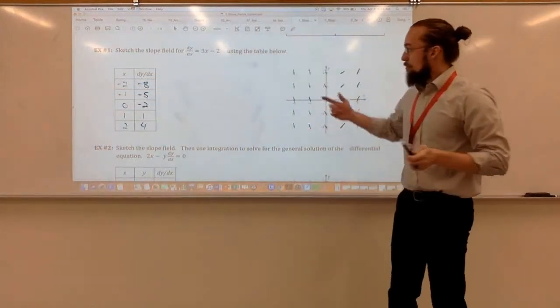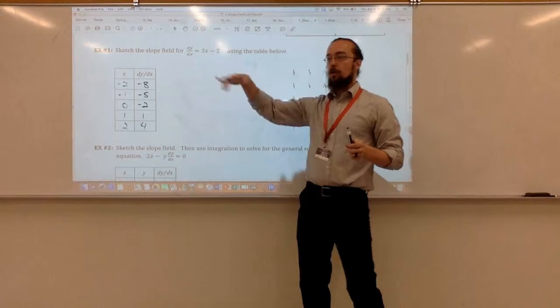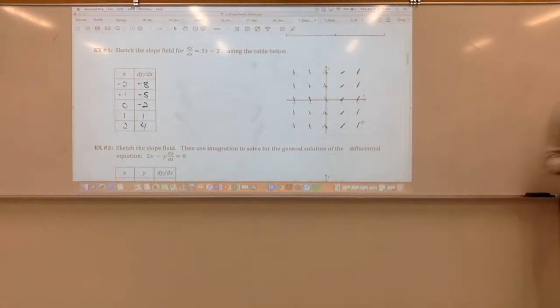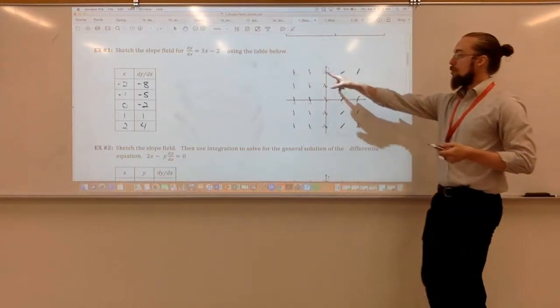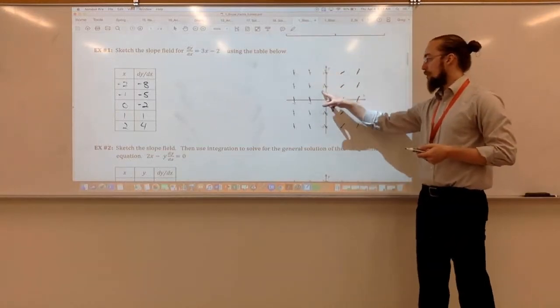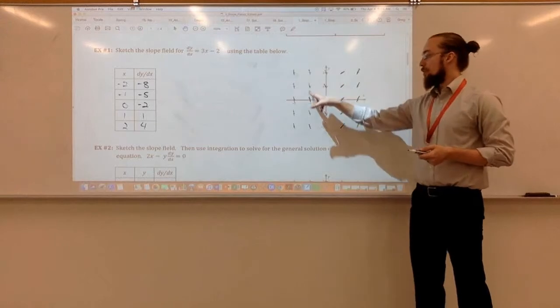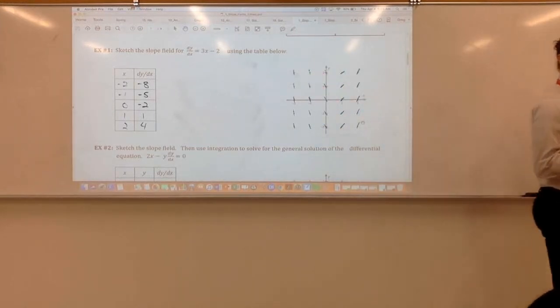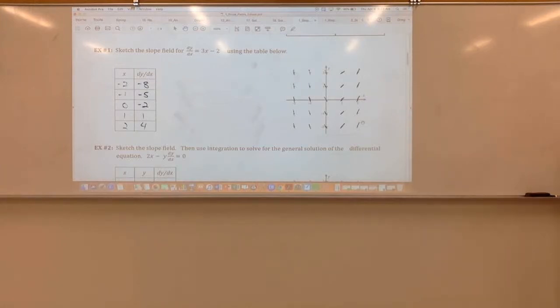Now, this is a linear function, and hopefully we can recognize that its antiderivative would be a quadratic. So what we've sketched is a whole bunch of quadratics. If we follow the path here, we can see that these are just going to create a bunch of quadratics, depending on where I decide to sketch it.